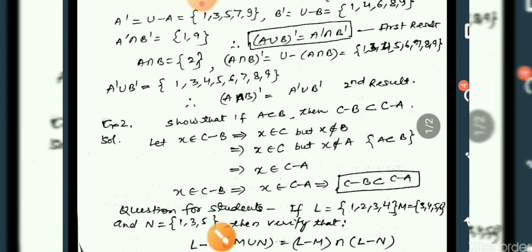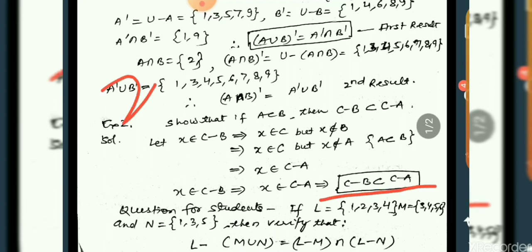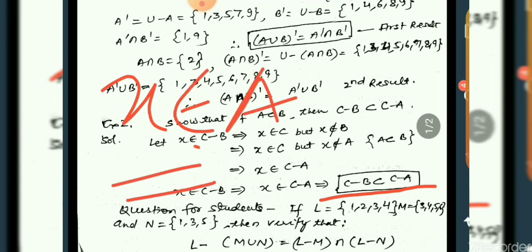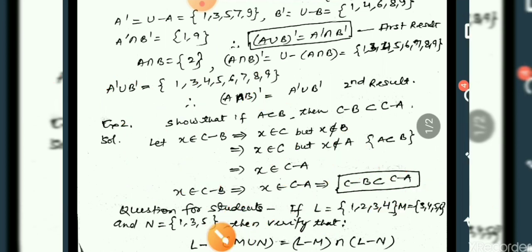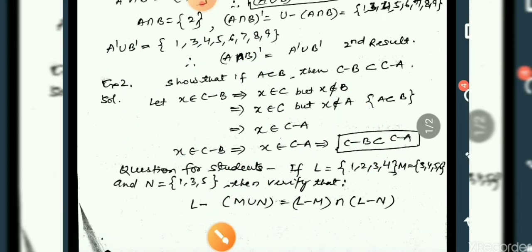We took x belongs to C minus B, and we got x belongs to C minus A. That means C minus B is a subset of C minus A. As I told you children, if x belongs to A implies x belongs to B, then it implies A is a subset of B.